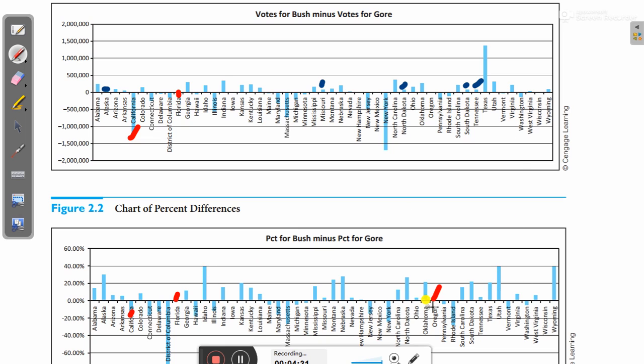But again, here you can see, like the District of Columbia, the difference of votes is very less, but the difference of percentage is very big. So by analyzing this data we can find it very interesting, specifically in the case of Florida.